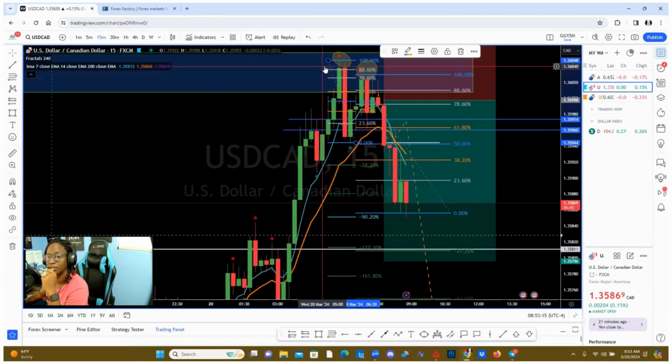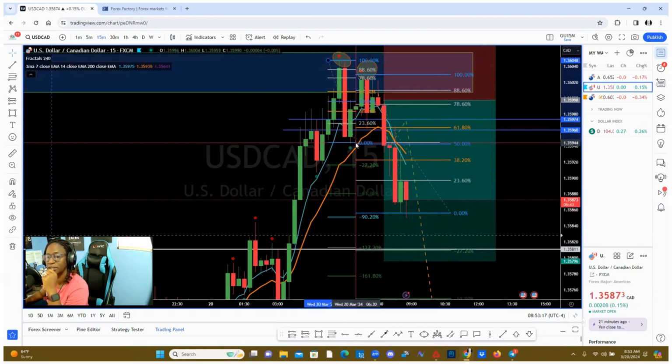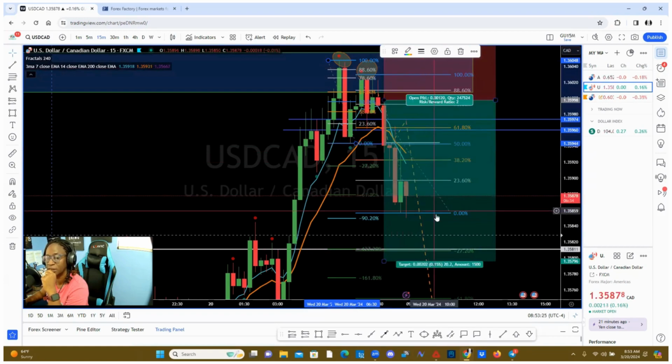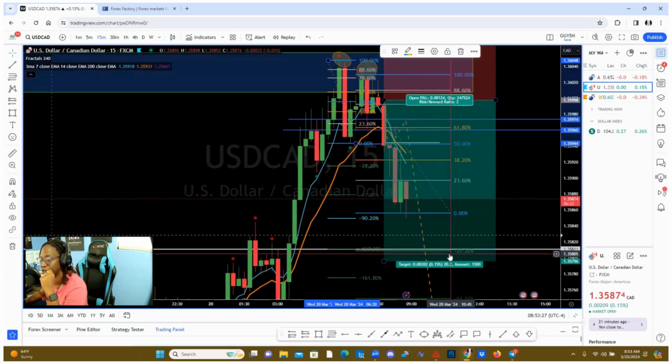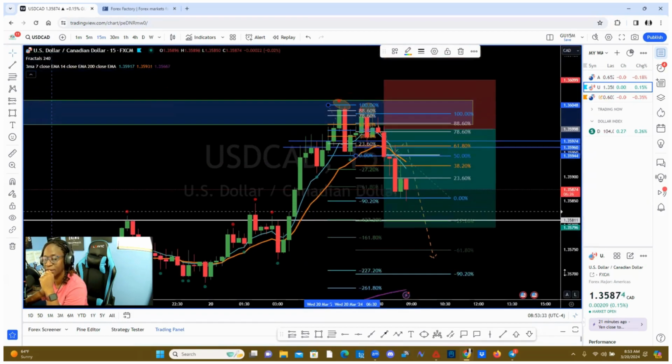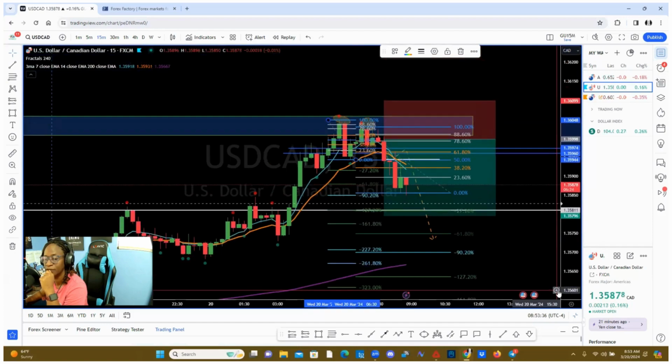So this was our original swing, this one right here that we pulled earlier, targeting this 127. And then we have another pullback and swing targeting the 27, which has confluence with the 127.